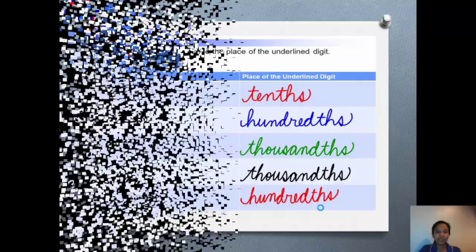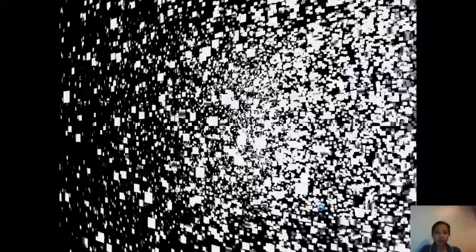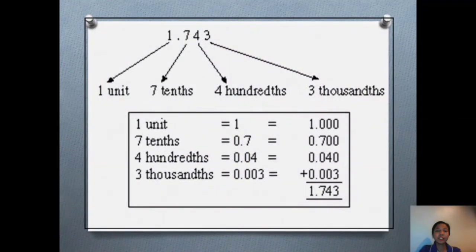Alright. Next. Now we will talk about the digit value. We discussed already the place value. Now it is about the digit value. Okay. So again, tenths, hundredths, thousandths. This one, ones, which is 1 unit here. So in this example, 1.743, 1 unit means 1 only.